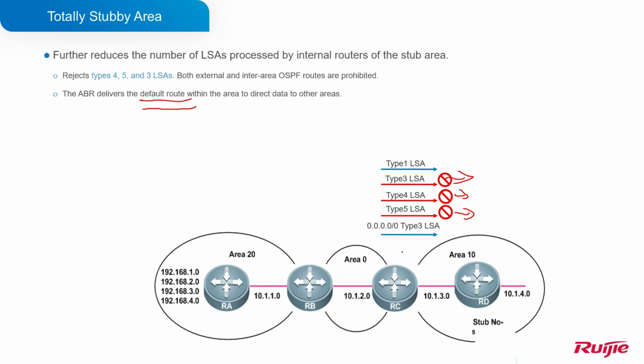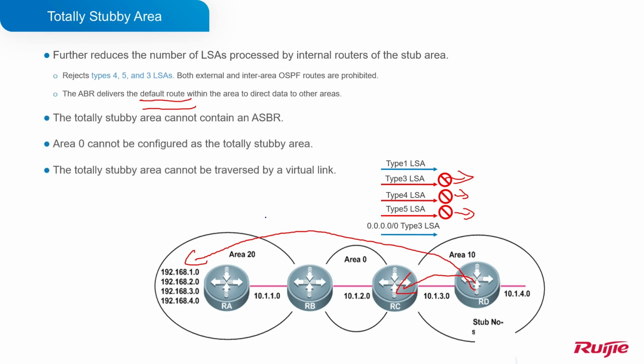This route can help the RD device to communicate with area 0 and also with the external network. So for the external network and the inter-area, we also use the default route to transmit our packets.